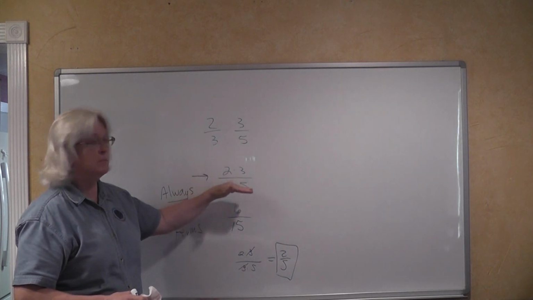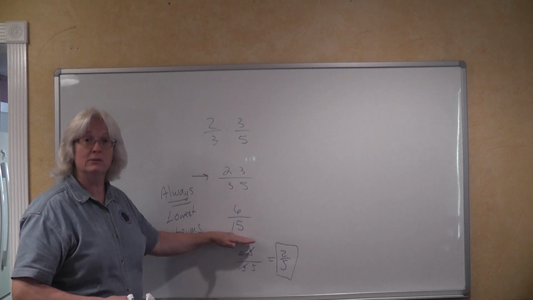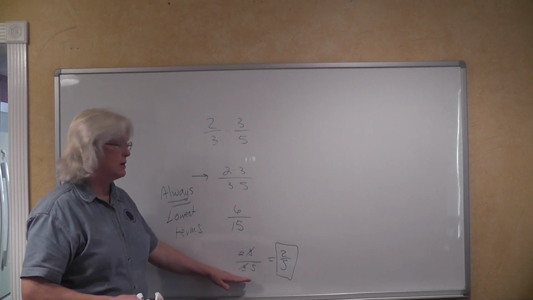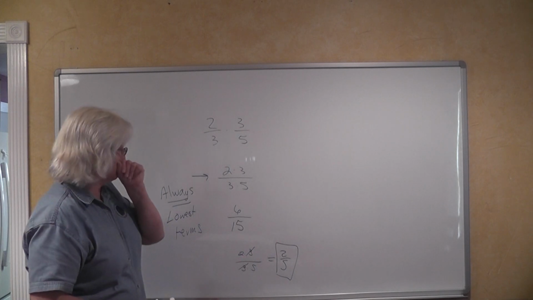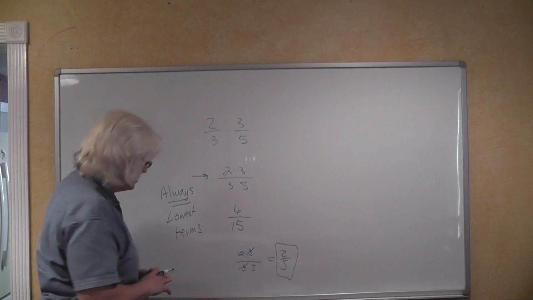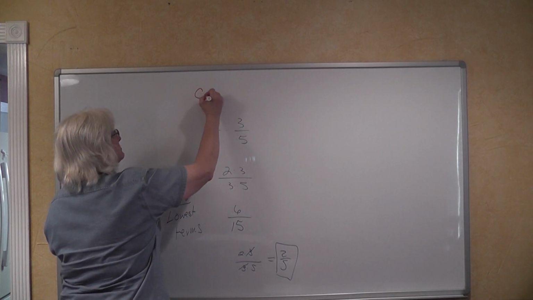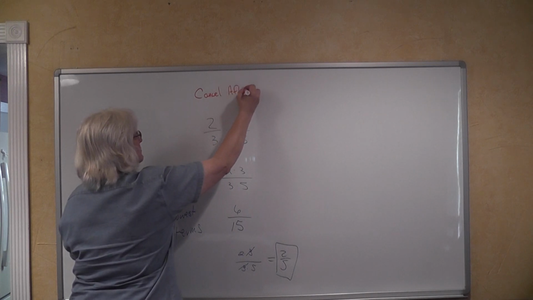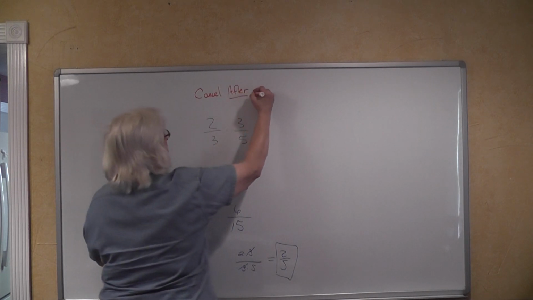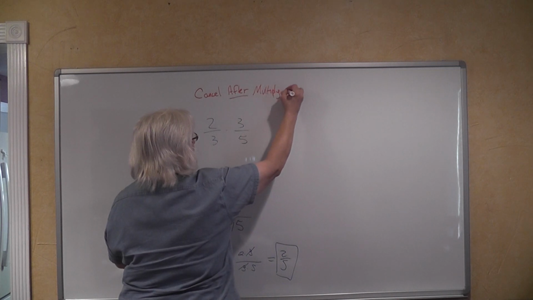What we did here was multiply numerators and denominators, get a fraction that needs to be reduced, prime factor it, and cancel common factors. So you may cancel after multiplying, or you may cancel before multiplying.